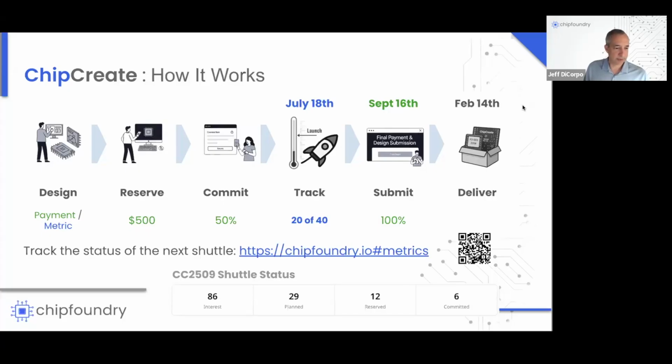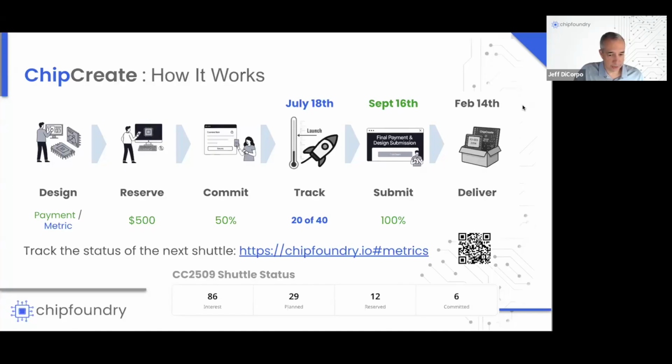So we will be continually maintaining updates and status of the shuttle and whether we pass this no-go milestone. At the latest, we're going to notify everybody within a few days after the commitment deadline, or earlier if we reach the required number of projects prior to that. You can go and check where we're currently at by checking our website on our homepage.